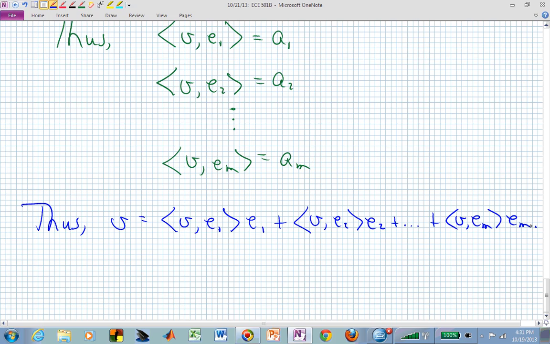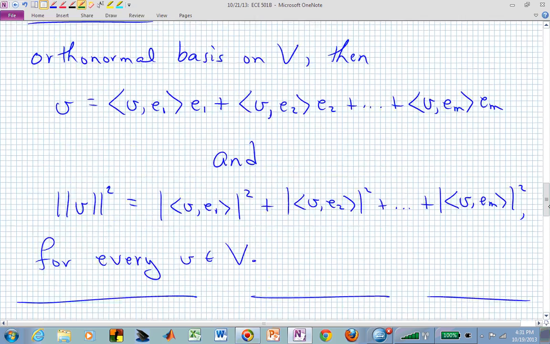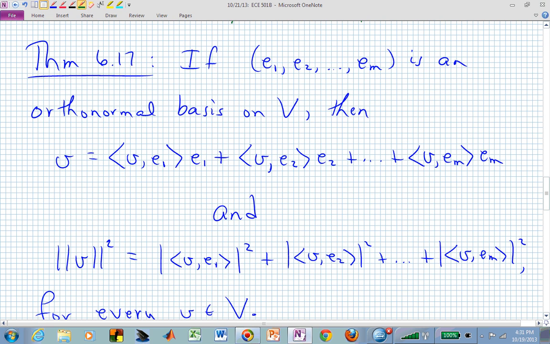That's then the first half of the proof: we can rewrite any vector v in our vector space capital V as a linear combination of the orthonormal basis, and the scaling factor associated with each basis vector is given by the inner product of the original vector v with the orthonormal basis vector e1, e2, etc.